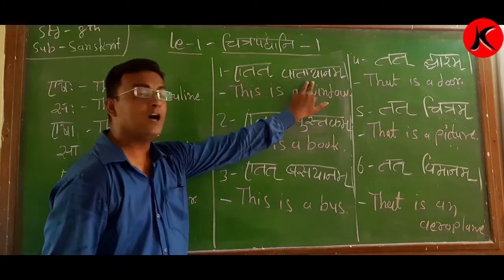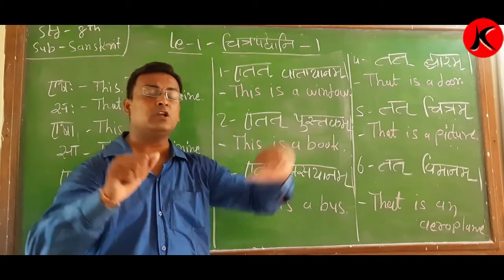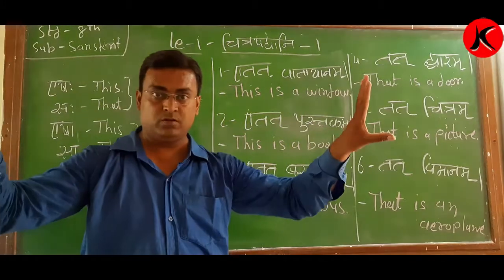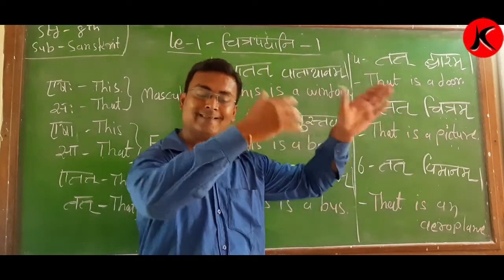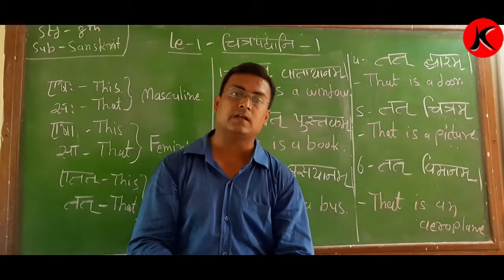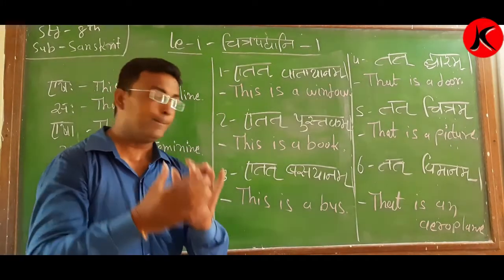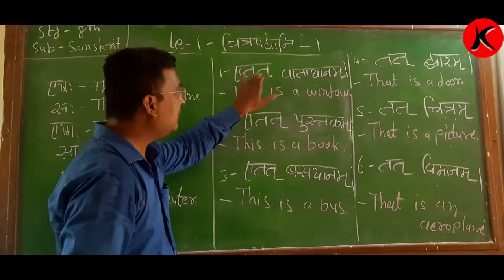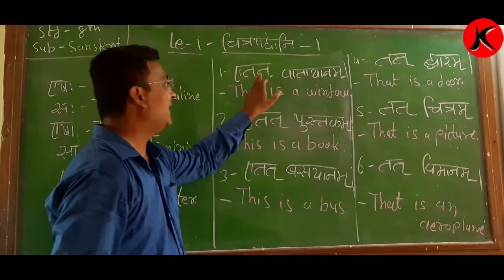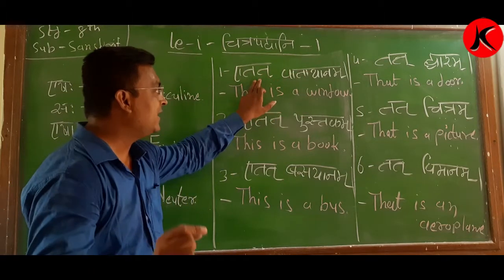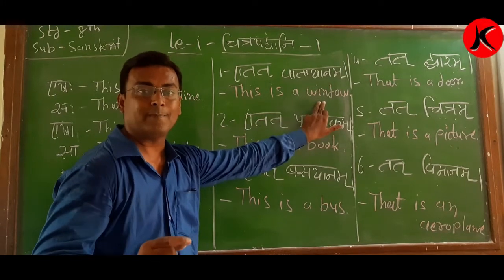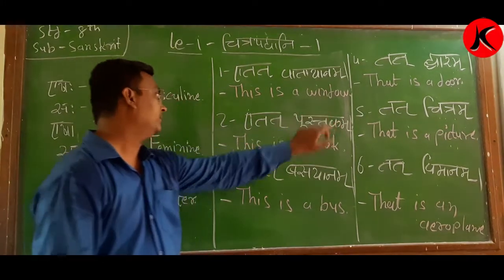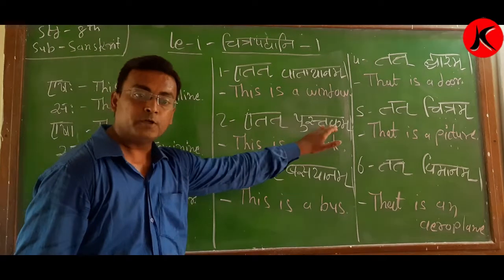Etata vatayanam. What is the meaning of vatayanam? Window. Window, that means બારી. ઘરમાં આપણે બારી હોય છે ને જે, that means એક બારીની જ વાત કરીએ છે. Window, that means બારી. So etat vatayanam. Etat, that means this. This is a window. Etat pustakam.